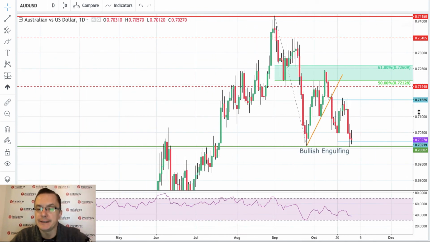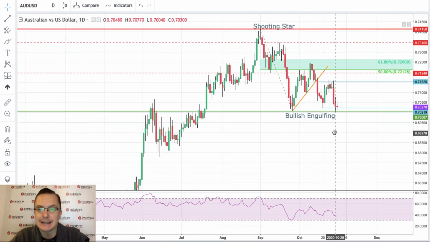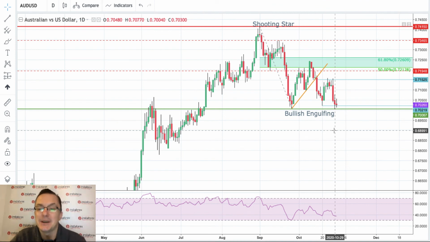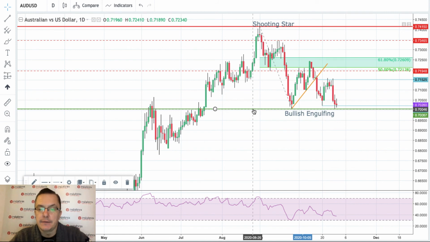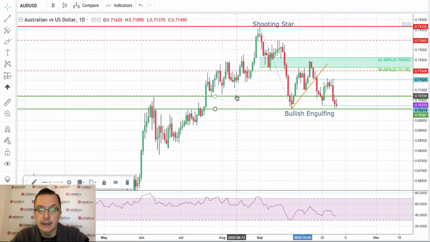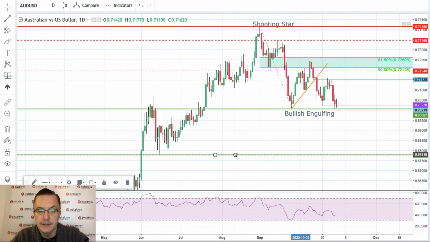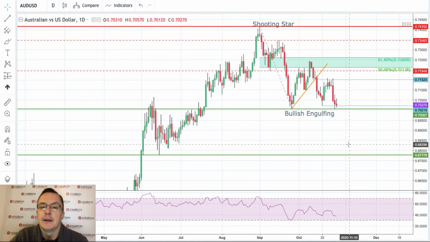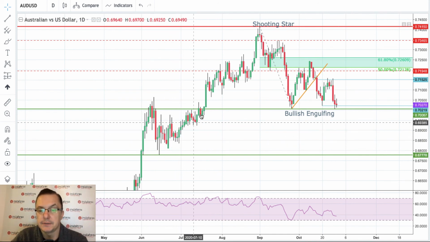If we break below this level, let me just take a look. What do we have next in our chart that might act as a technical support? Basically nothing much until the level of, let me just clone this one, and the key would be of course this level somewhere here around 0.6777, and as far as I can see, there is not much of a support here, not historical, not even the recent one.